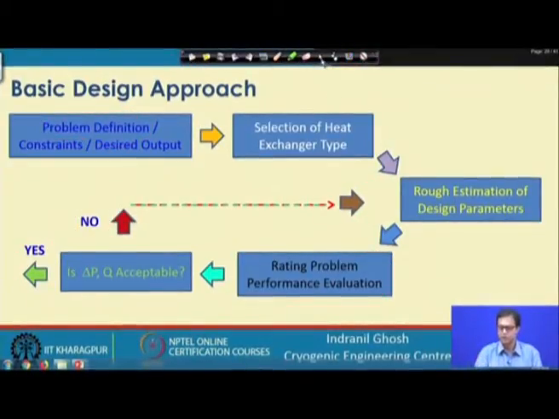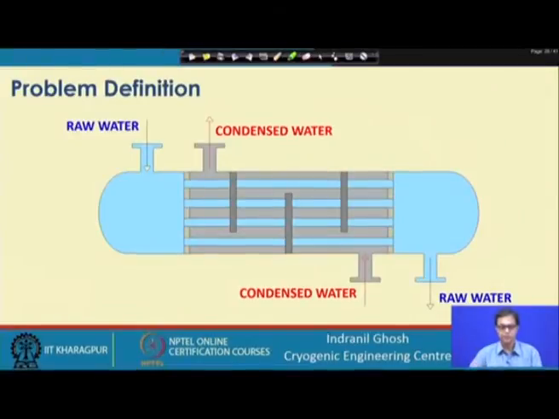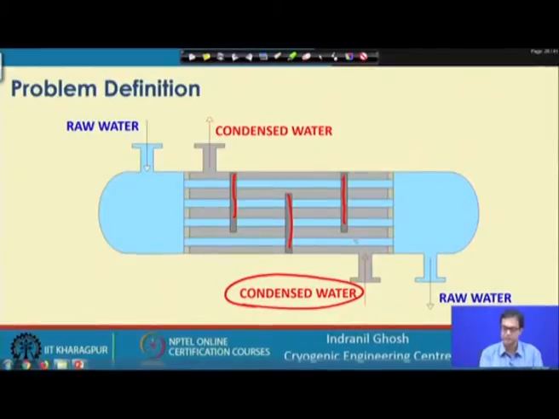with a small example. Here in this problem definition, as you can understand, this is a single shell, single tube heat exchanger. Here are the baffles, and one fluid, the condensed water, is entering on this side.